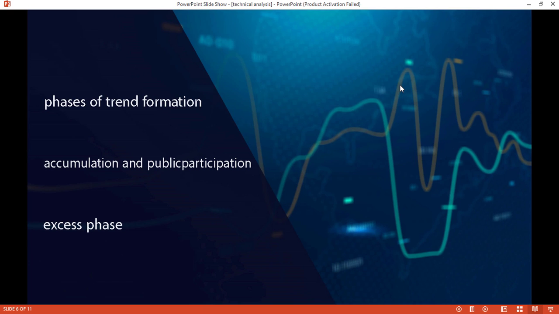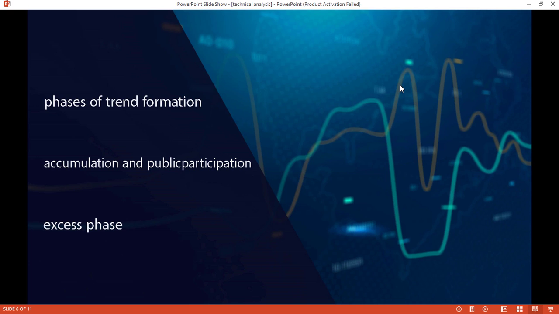Let's start talking about different phases of a movement, how a price movement starts, the formation of the trend.